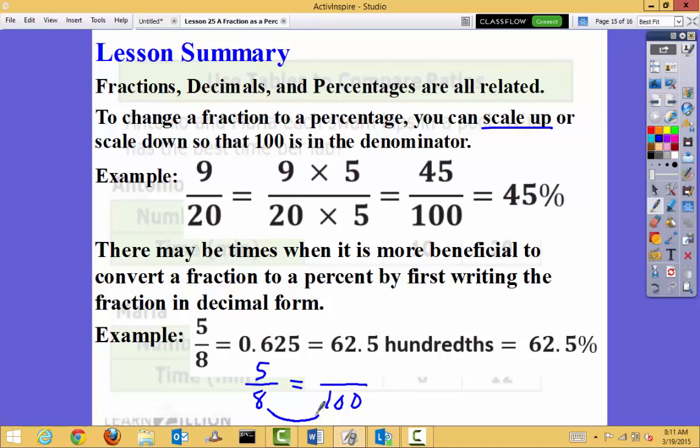I don't know how I multiply anything to get 8 into 100. If I do 8 times 10, it's going to give me 80. If I do 8 times 13, what is that going to give me? Well, that's 3 times 8 is 24, carry the 2. That's 104. It's really close to 100. It's not the answer I'm looking for. It has to be exactly 100. So that's why it's sometimes easier to change it to a decimal first.